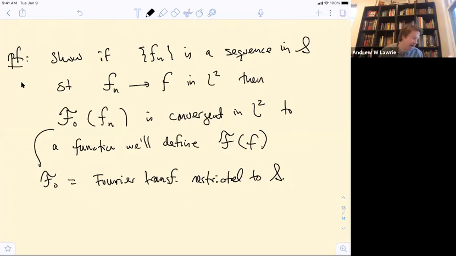Okay, that being said, it's a bit of work to do this. Somewhat some work. A lot of the work is similar to stuff we've done.